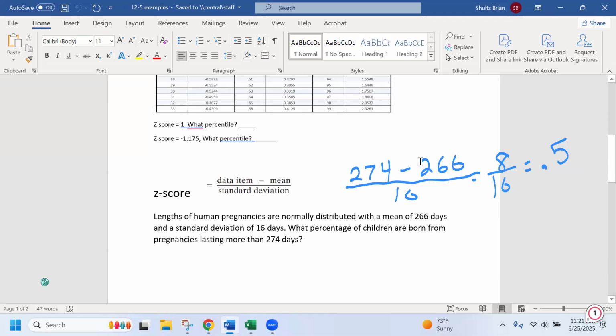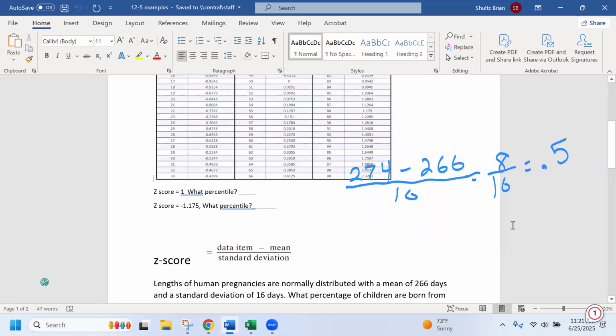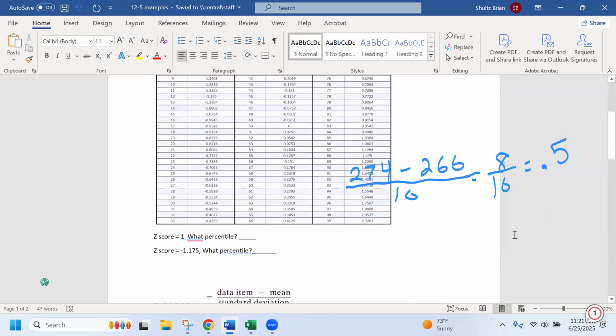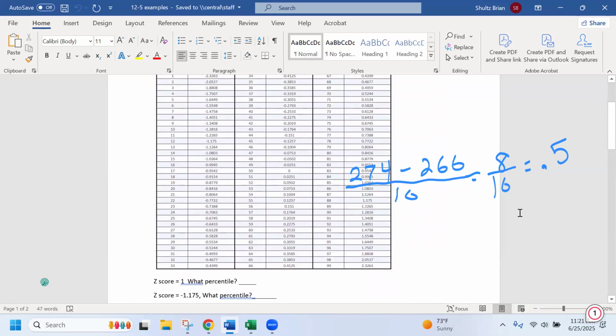Then, what percentage of the children are born from pregnancies lasting more than 274 days? I'm going to come back here and find 0.5, right up here. 0.4959 and 0.52. 0.4959 is closer, and you can see that it is the 69th percentile.